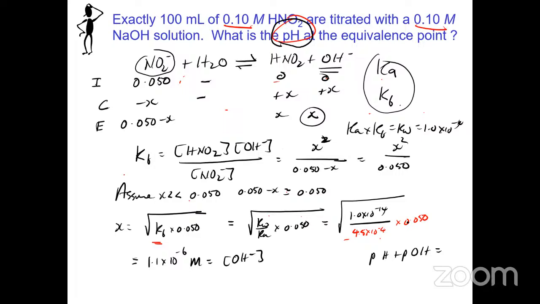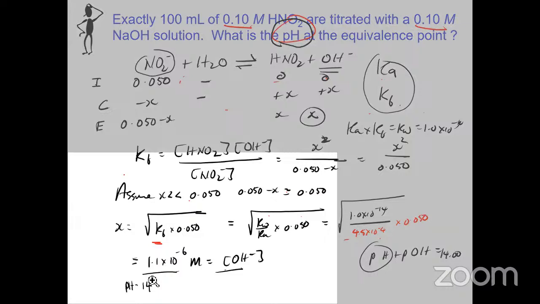The pH plus the pOH of a solution is equal to what? Always. It's equal to a number: 14.00. So how does that help? Remember, the aim is to find the pH. So how do we find the pH based on this value for the concentration of OH minus? Okay, so 14, do that down here.